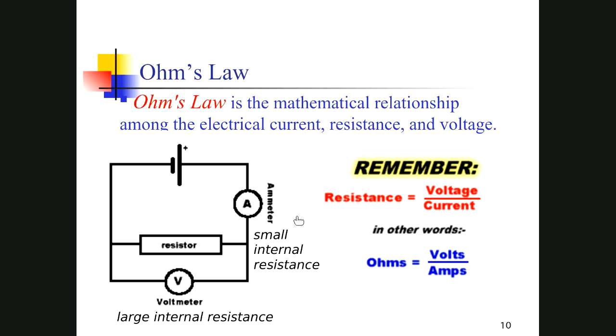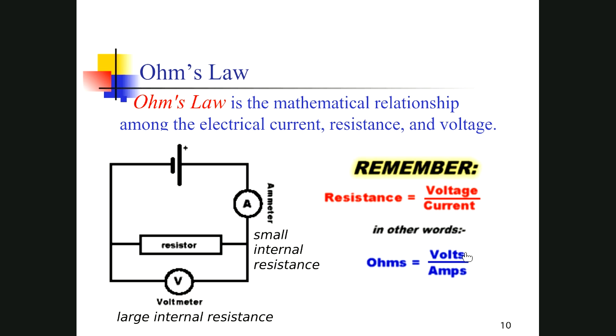On the other side, the ammeter should have a very small internal resistance so that the voltage drop across the ammeter is very small. Look at here. The voltage is the ohms times the amperes. So for the ammeter, if the internal resistance is big, the current times the internal resistance is the voltage drop across it.